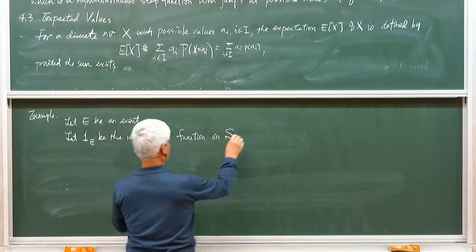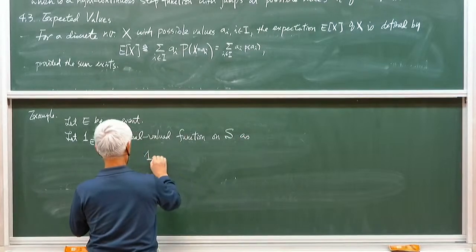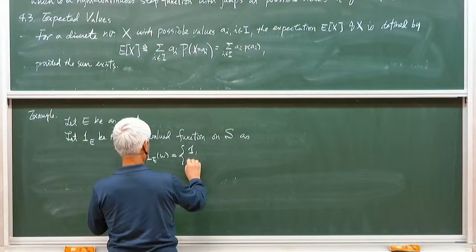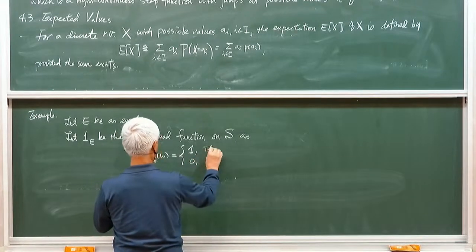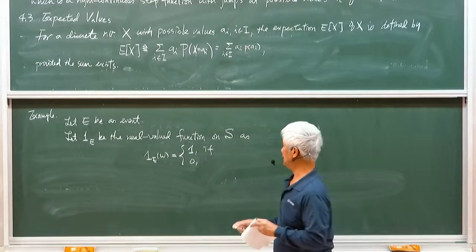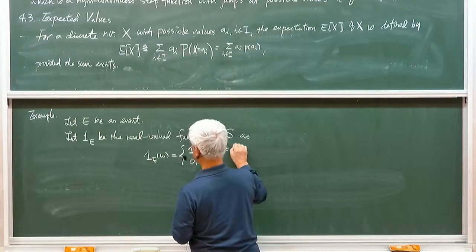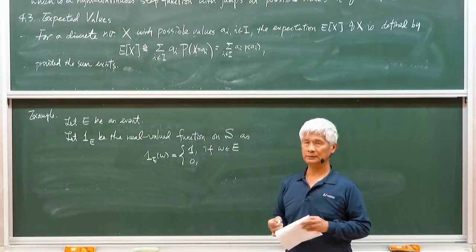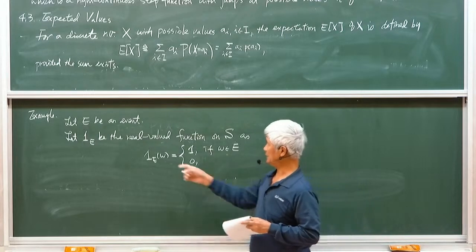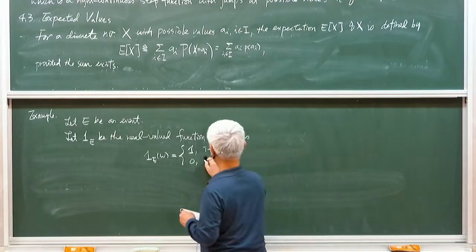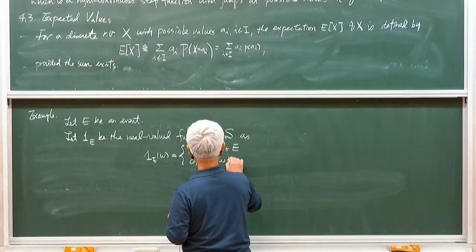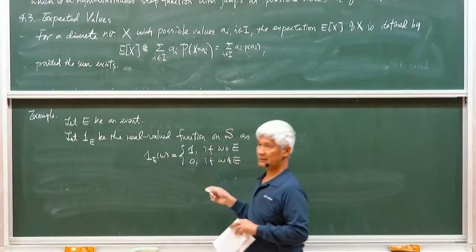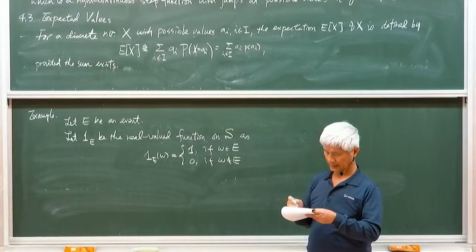So we define a function: if the outcome omega is in E, then 1 sub E has value 1. But if the outcome is not in E, then the value of this function is 0.